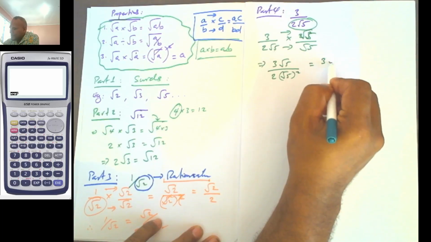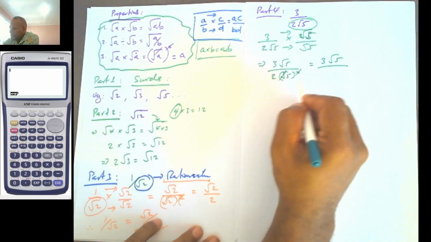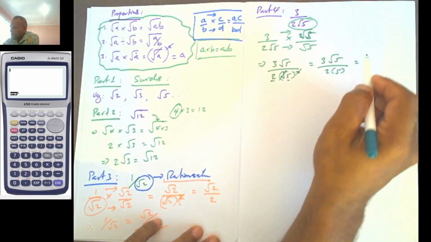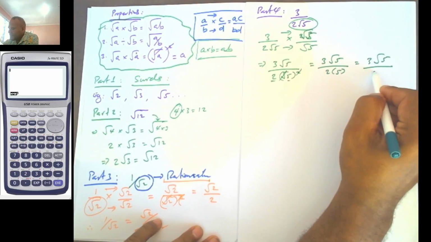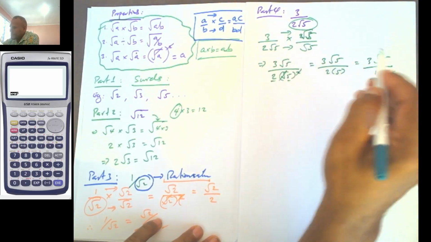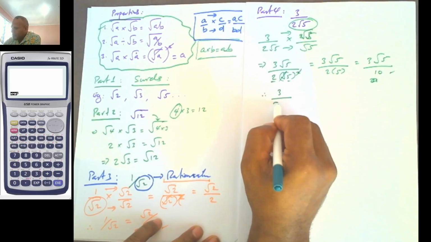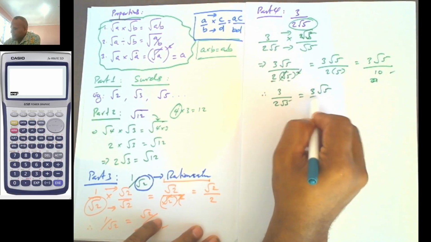So this is 3 square root of 5 over, these 2 cancel out, so you're left with 2 and 5. So 2 times 5 is 10. Therefore 3 over 2 root 5 is equal to 3 square root of 5 over 10.